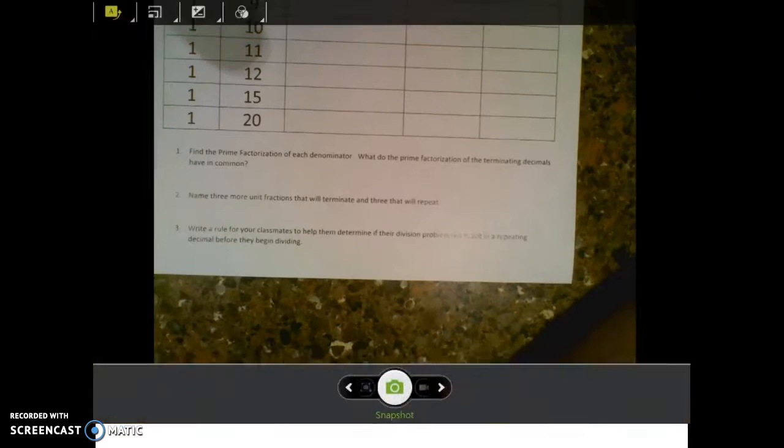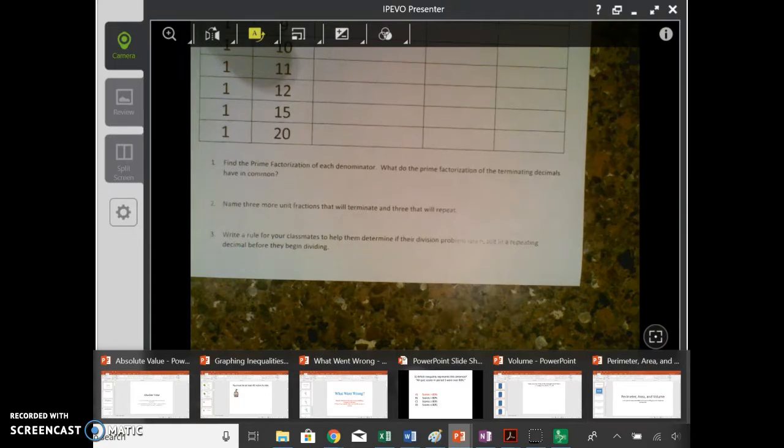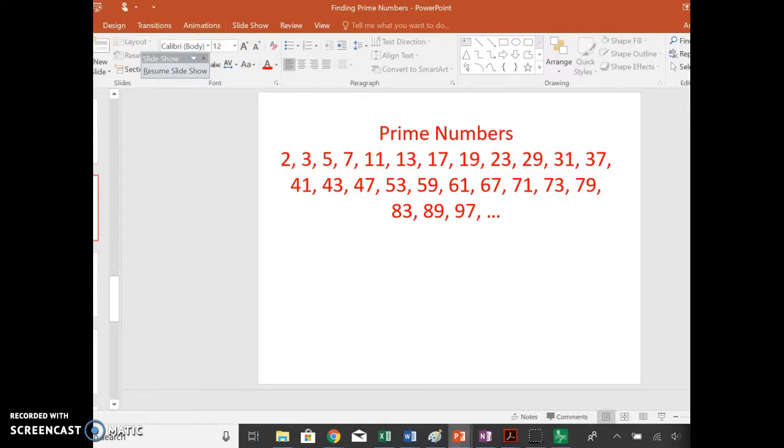To help you out even further, I'm going to put the prime numbers up to 100 on the screen for you in just a second. I would suggest that you pause the video and use that to help you with your prime factorization, okay?